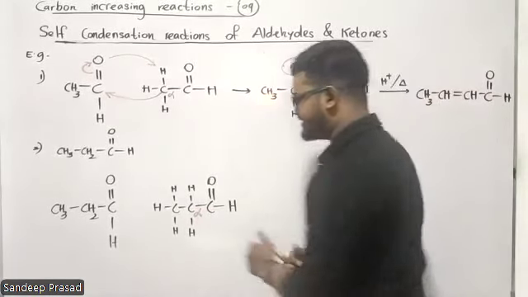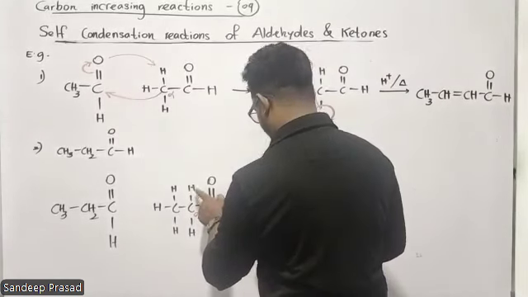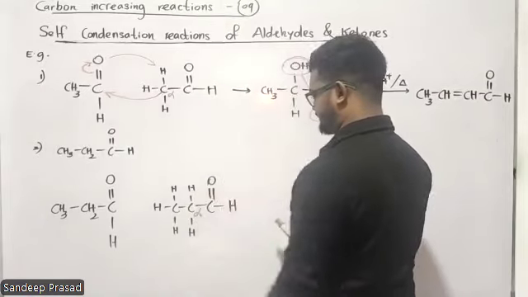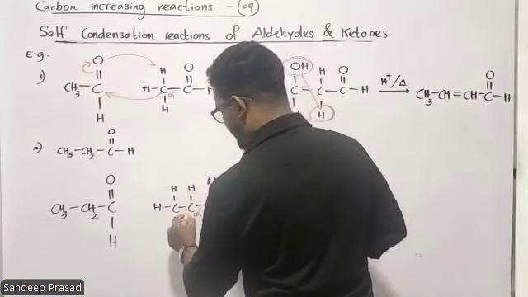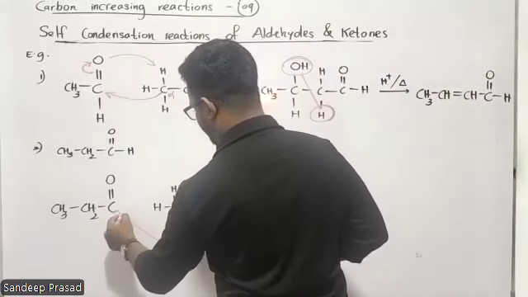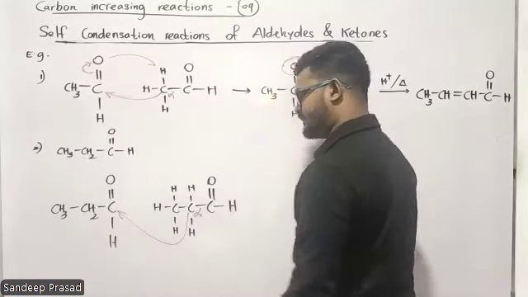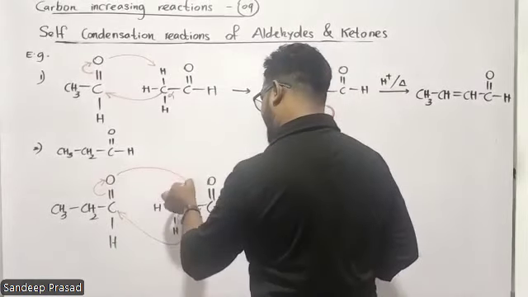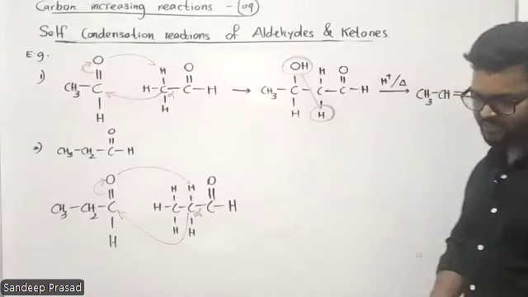Then hydrogen should be eliminated from that carbon atom, right? Keep that in your mind. Now this carbon atom is connecting to the carbonyl carbon atom of the other molecule. The carbon-oxygen double bond is breaking. Oxygen is taking that alpha hydrogen. That's what happened.